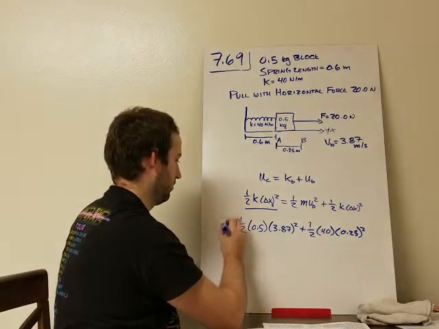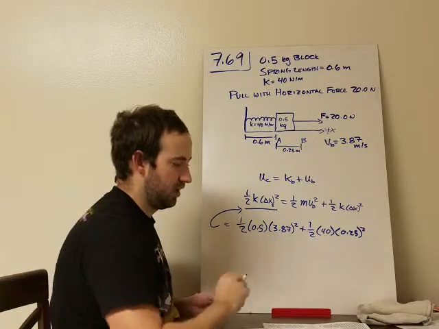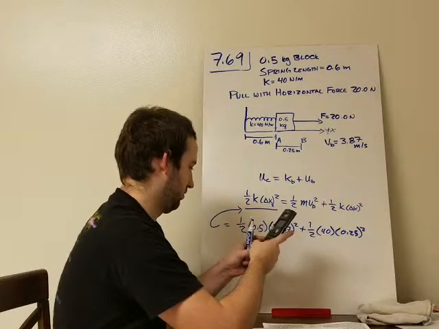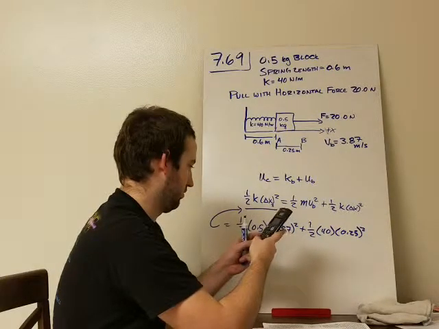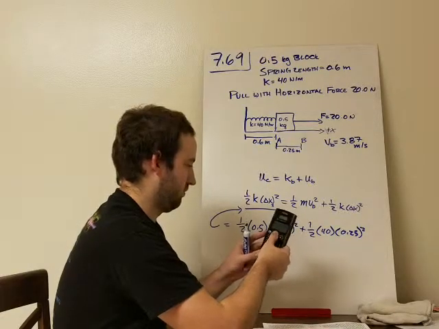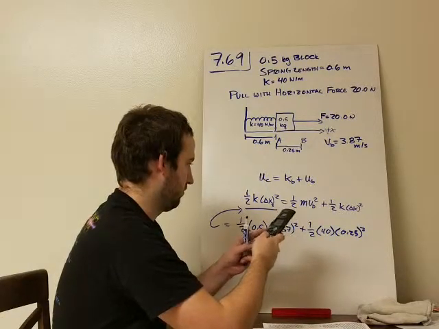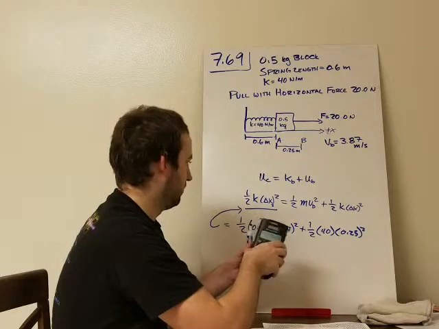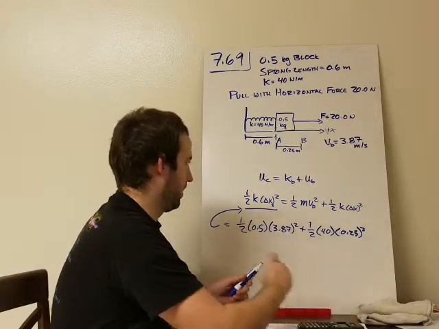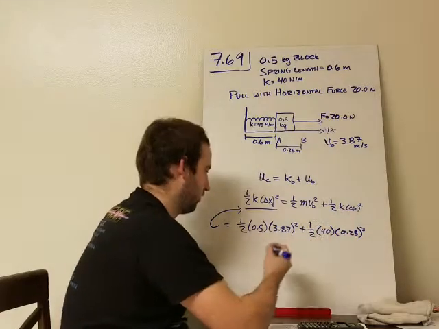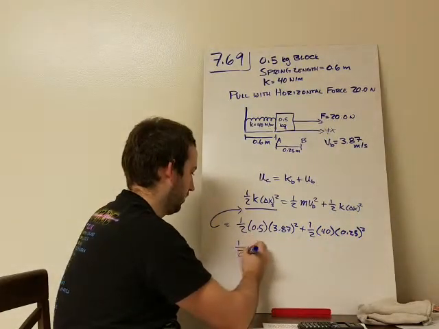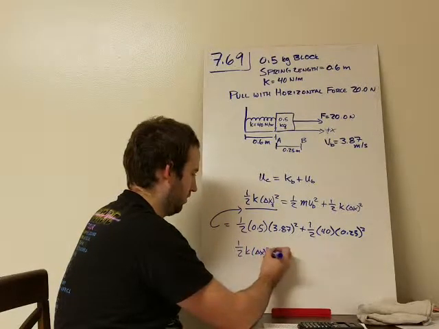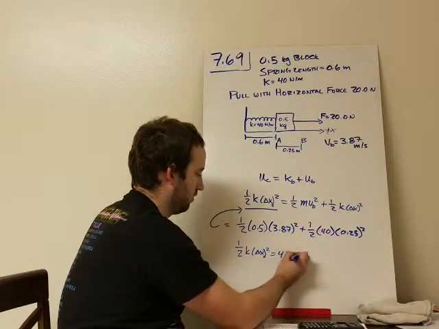So we'll do that in our calculator. What we end up getting is that this side is equal to 4.994. So 1/2 k delta x squared equals 4.994.